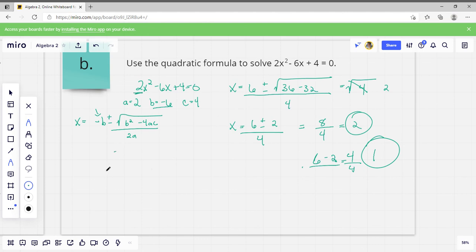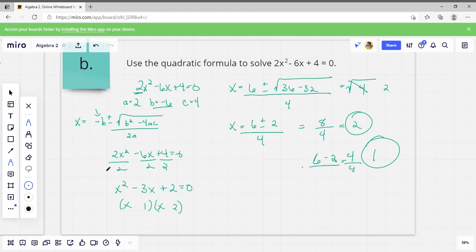So if we solve that the other way, we said 2x squared minus 6x plus 4 equals 0. We would have to divide everything by 2. And we'd have x squared minus 3x plus 2 equals 0. And then you could say x, and then you've got your x right there. And you would say, which two numbers can you multiply to get 2? That would be 1 and 2.